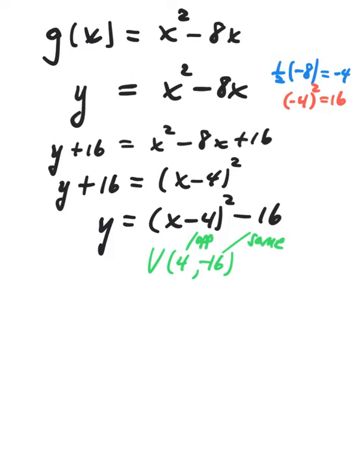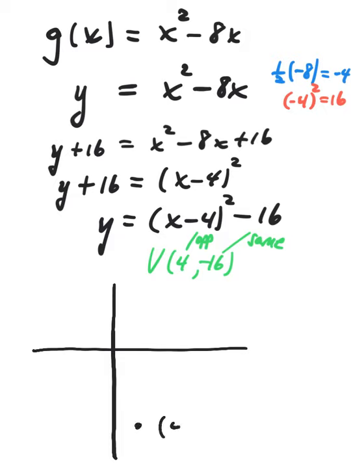What's the vertex? Well, whether you graph this function or the very top one, it will tell you the location of the top of the hill or bottom of the valley, and I'll also show you how to distinguish between those two choices. But let's first plot 4, negative 16. I'm just going to eyeball it as about there. 4, negative 16.